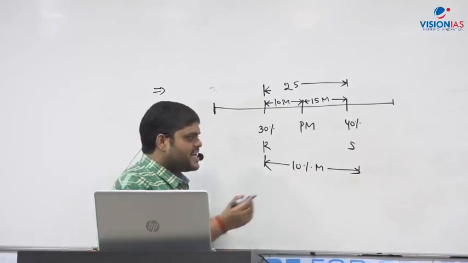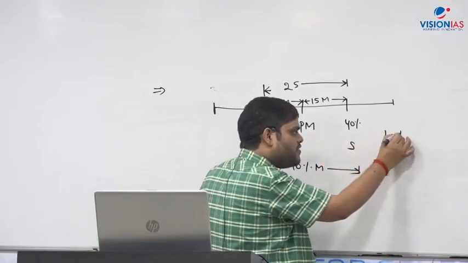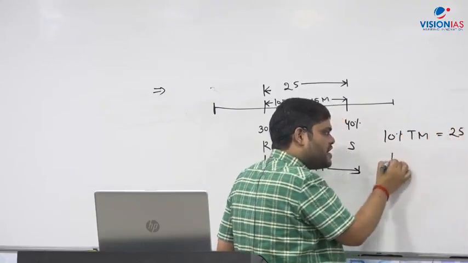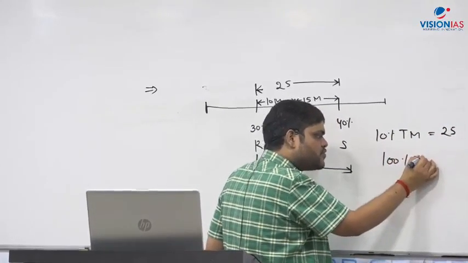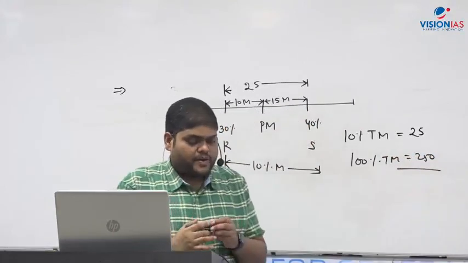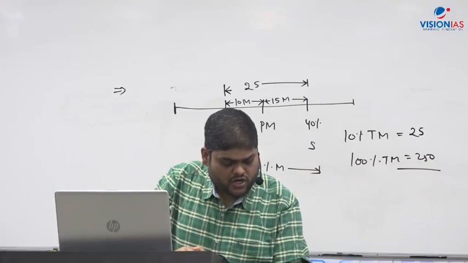So we can say that 10% of total marks is equal to 25. So 100% of total marks is equal to 250.